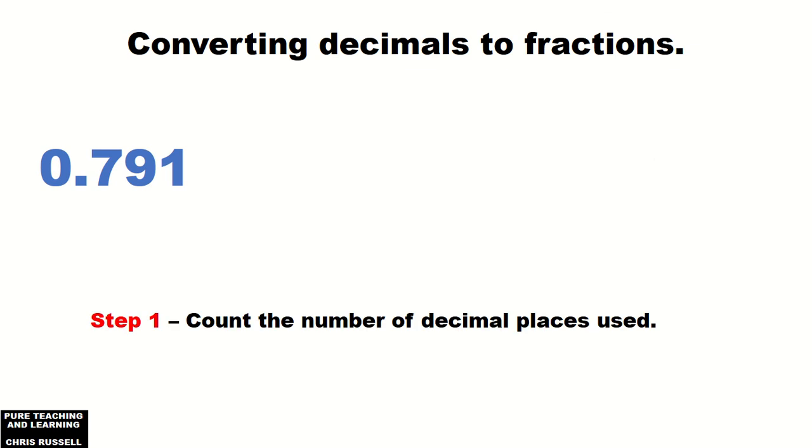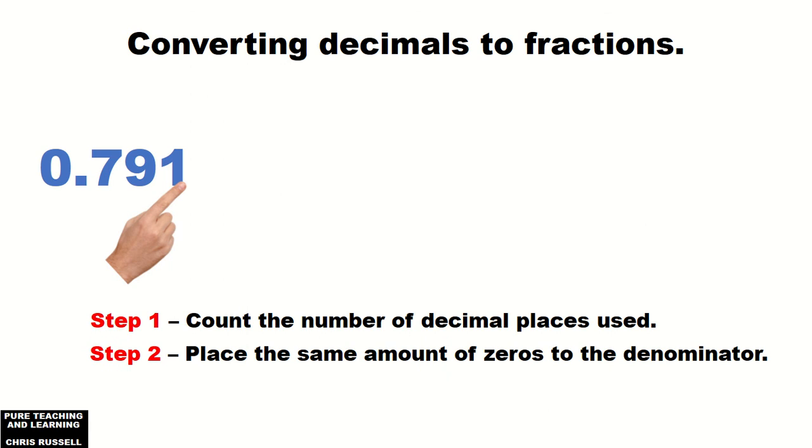Converting decimals to fractions. So here we've got 0.791. Our first step, count the number of decimal places used. In this case we've got 1, 2 and 3. Now step 2, we place the same amount of zeros in the denominator.